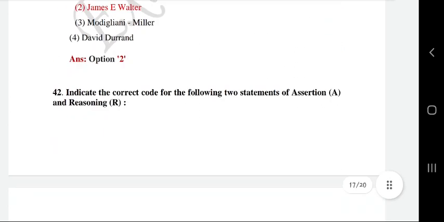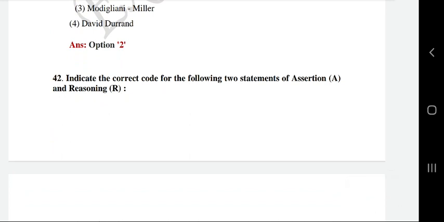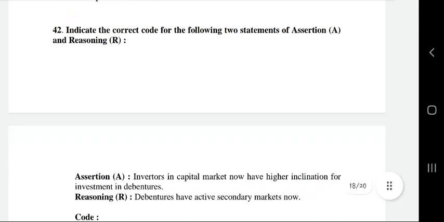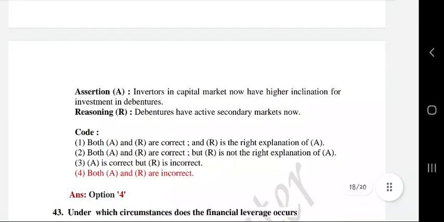Question number 42. Indicate the correct code for the following two statements of assertion A and reasoning R. Assertion: Investors in the capital market now have a higher inclination for investment in debentures. Reasoning: Debentures have active secondary markets now.